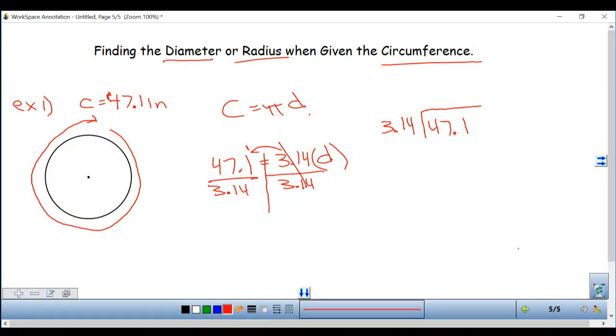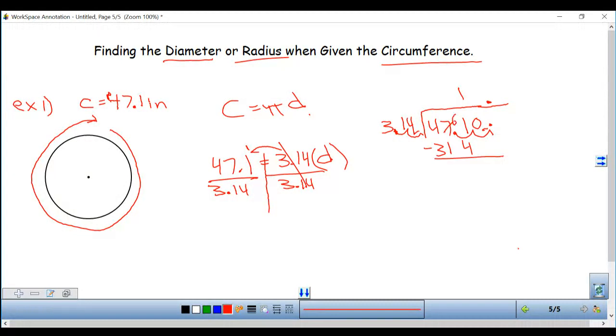I cannot have a decimal on the outside of my house, so I need to move it over 2 times. Whatever I do to the outside, I do to the inside. And I fill in that empty spot with a 0, and I'll bring my decimal straight up. 314 doesn't go into 4 or 7 or 47, but it will go into 471 one time.